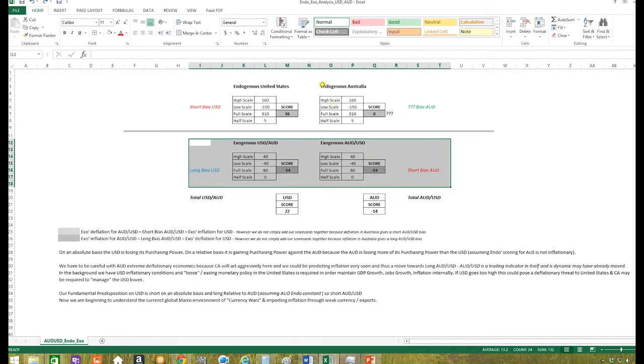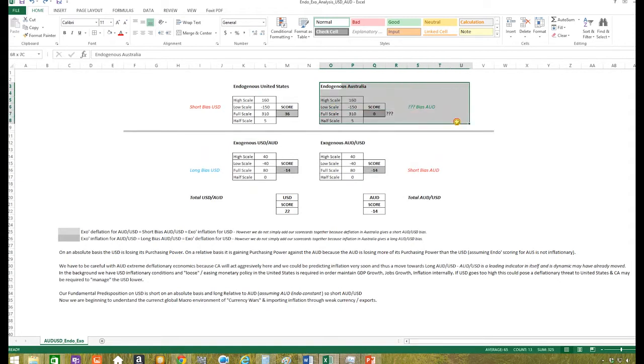And that's assuming our endogenous analysis is not inflationary. Because if this number was positive or more positive than our exogenous analysis, we would end up with a positive number here.